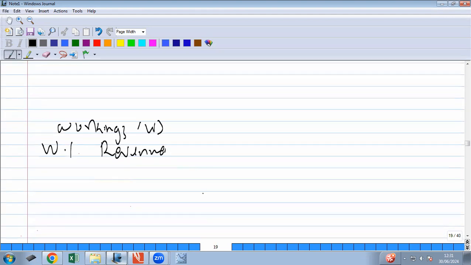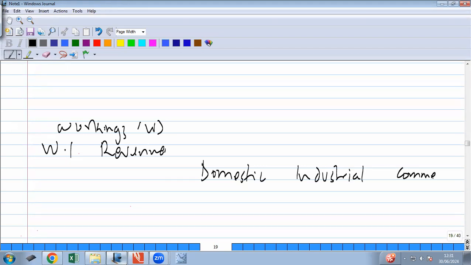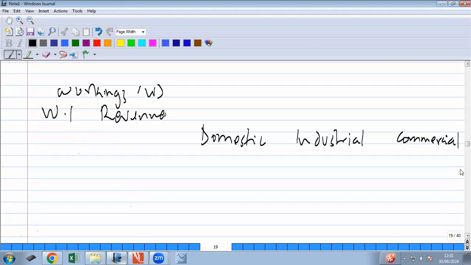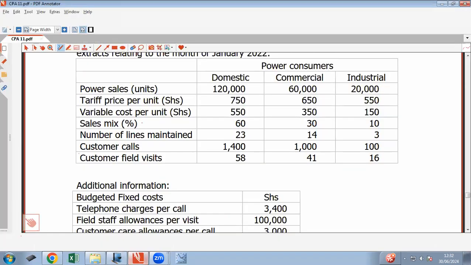For revenue, we have domestic, industrial, and commercial. We can have the sales units. You write what I've given you. Just put sales units, but you should actually put power sales.